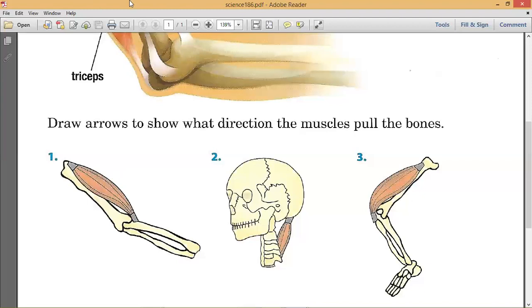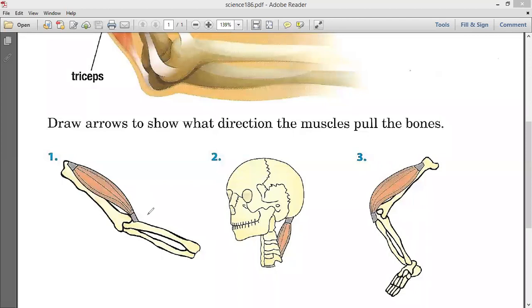So in number one, your muscle pulls upward. Then number two, how does this muscle move? This muscle moves downwards. It pulls the bone down. And number three, for these muscles, it pulls the knees upward.